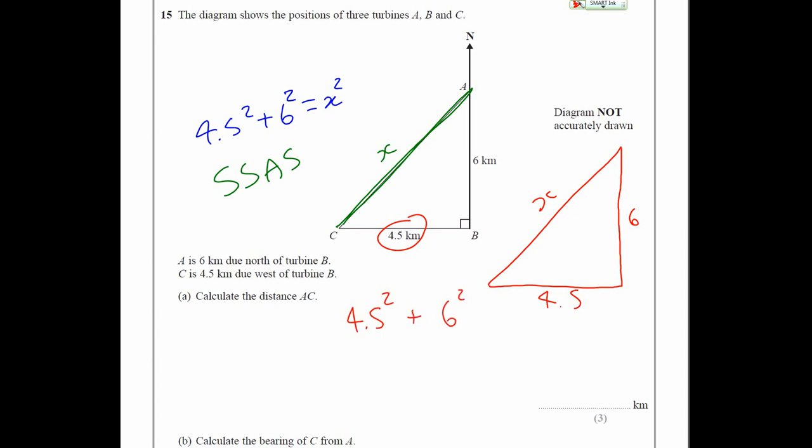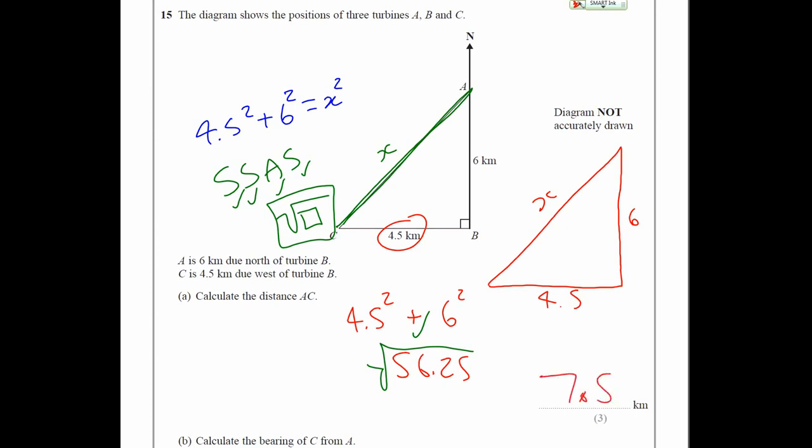Let's do it on our calculators. Both methods do the same thing. You get 56.25. Now we've done square, square, we've done add. We want to square root, which is this button on your calculator. The square root of your answer gives you 7.5.